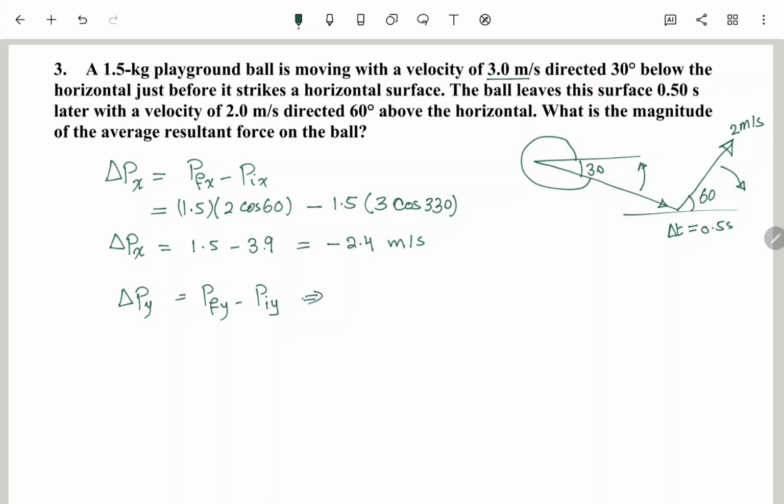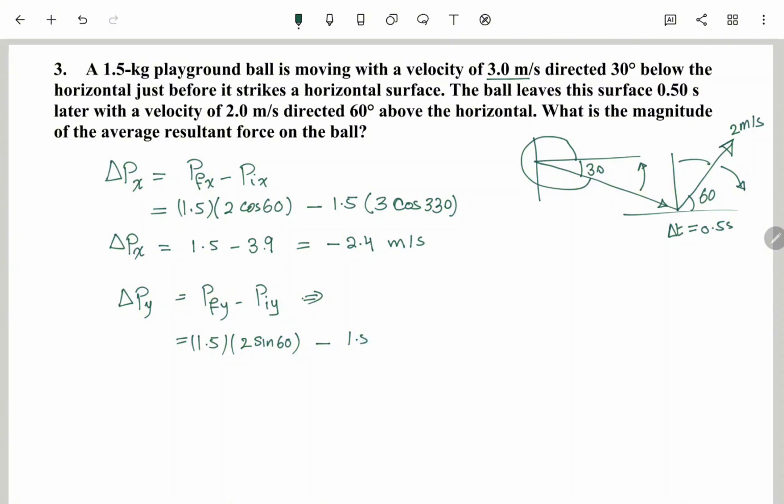The mass is 1.5 times p final y, on the y-axis, so it will be 2 sine 60 minus p initial y. If this is the x-axis here, the y-axis will be this one here, and it will be 3 sine 30.